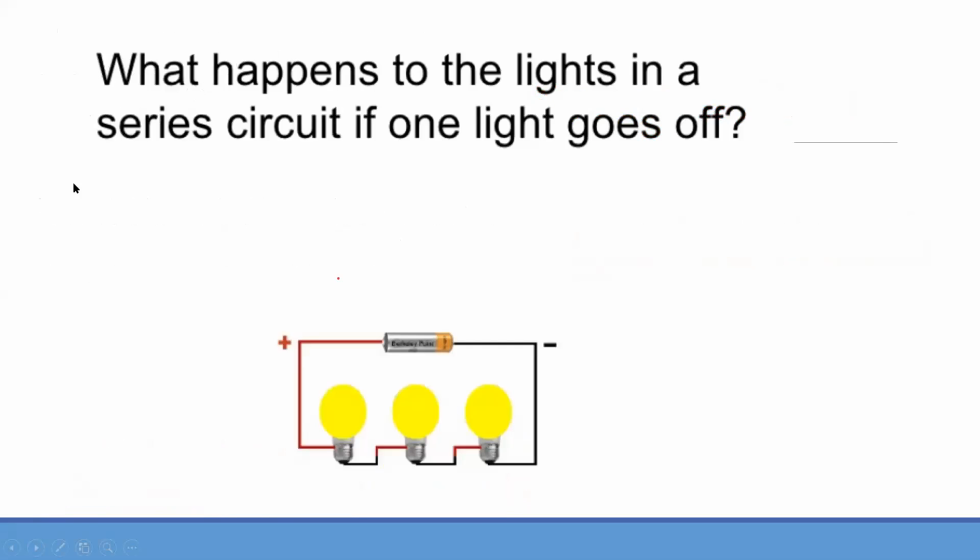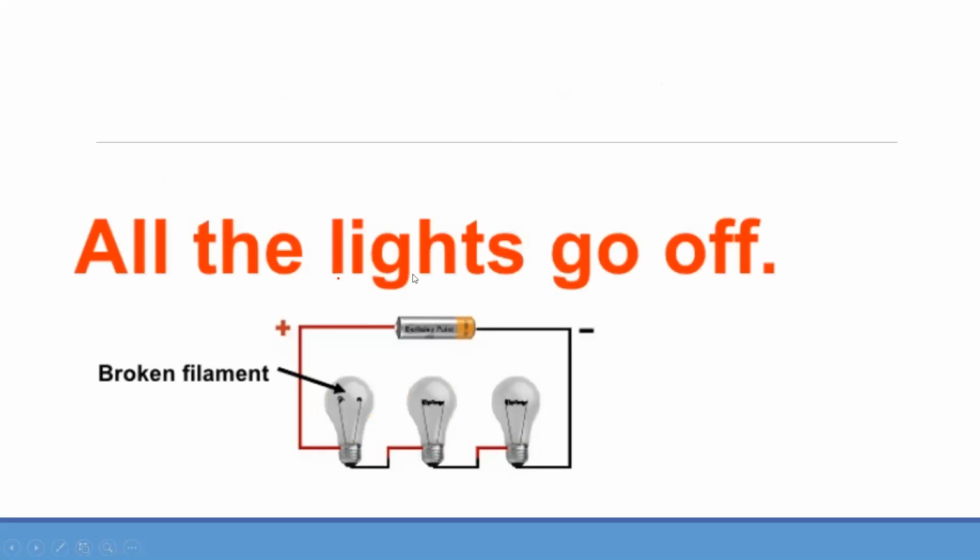Now, what happens to the lights in the series circuit if one light goes off? Look here. Imagine one of the lights goes off. What will happen with the series circuit? All of it will not work. All the lights go off.